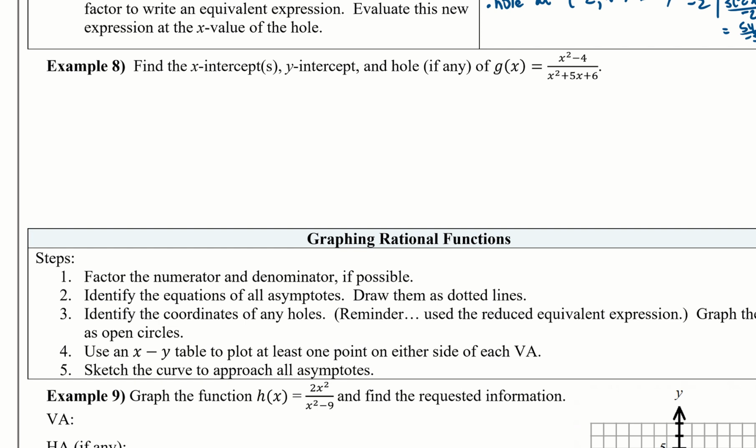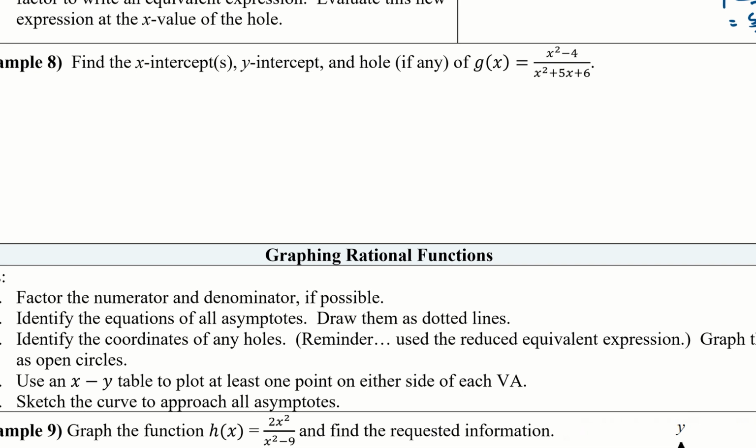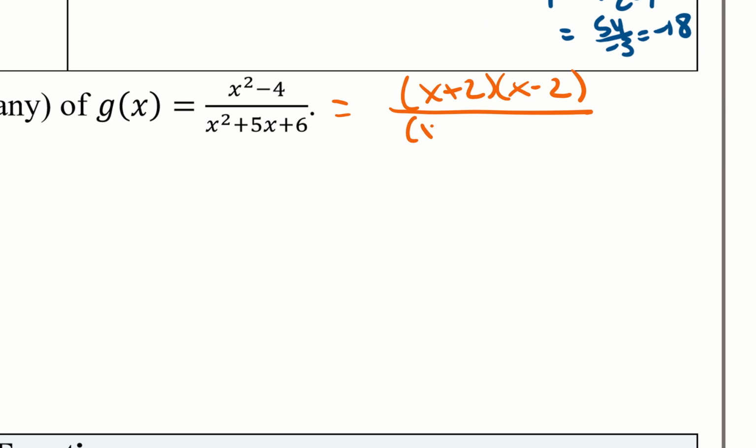All right, so on this one, we want to find those important values of x and y intercepts and any holes. These are going to be coordinates here that we're going to be finding. So I want to start by factoring anything that can factor. Now, each of these factors tells me something on the graph. Factors that cancel out tell me that there's a hole in the graph.